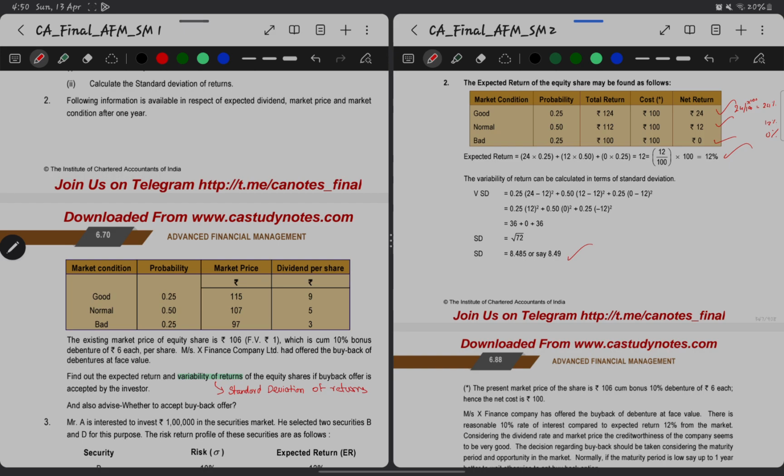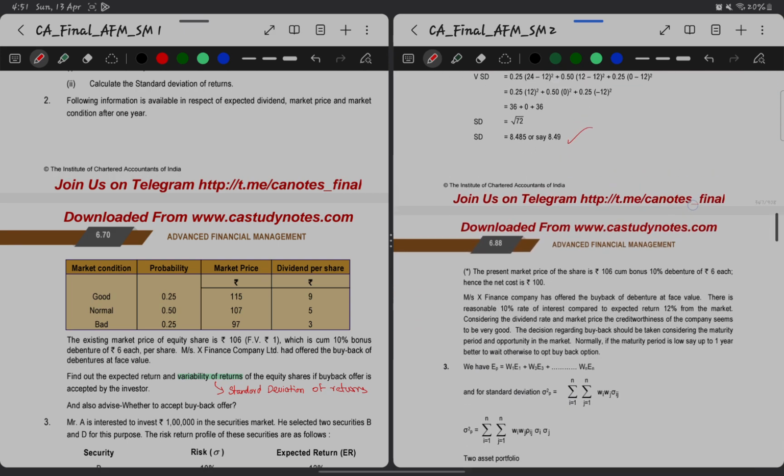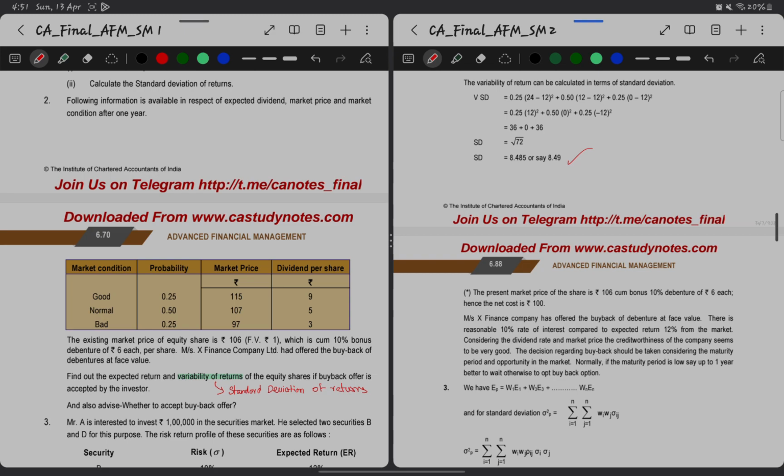Now the third requirement is whether to accept the buyback offer or not. So we need to know why the company might be going for this buyback.